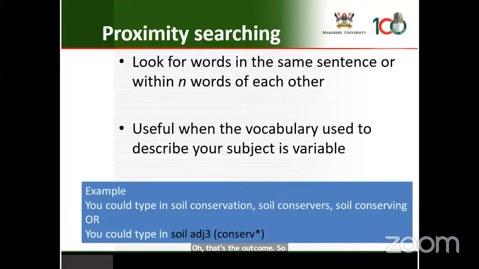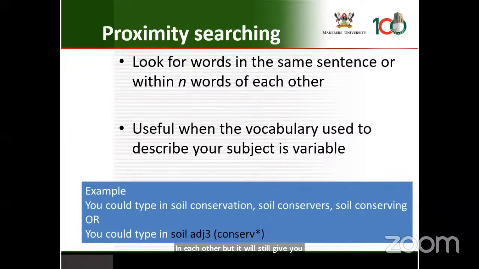When you're searching for literature on soil conservation, the word soil should be in proximity with the word conservation for you to get studies on soil conservation. So you can say soil conservation, or soil under conservation, or soil and also conservation. You can put two or three words in between, but it will still give you what you want.